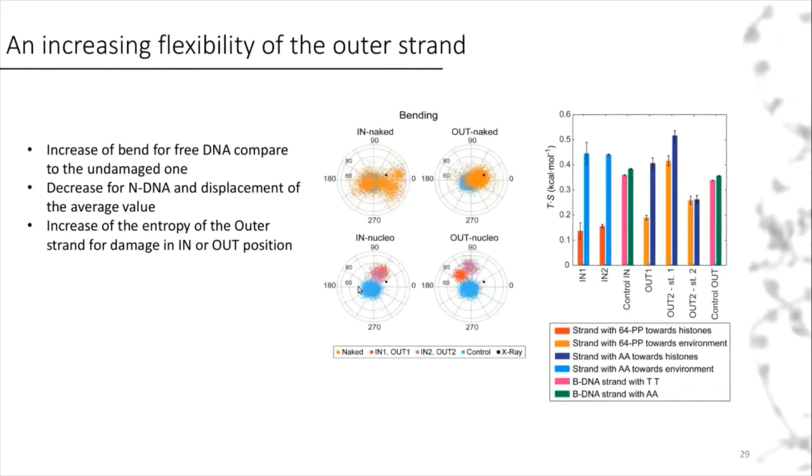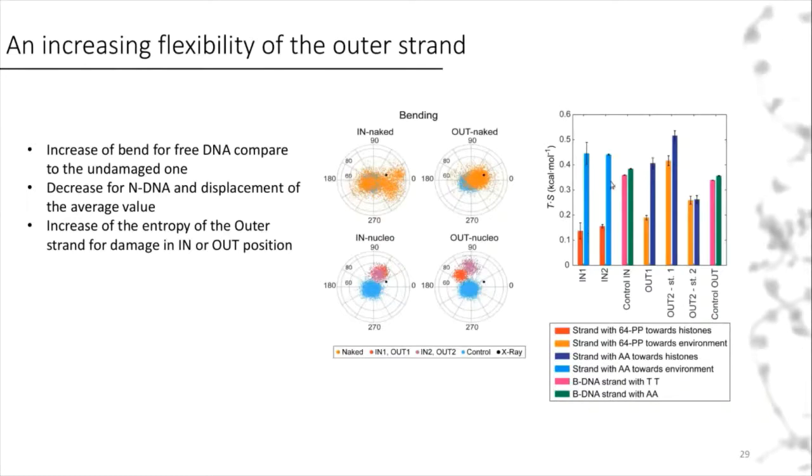And for entropy, which is quite interesting, our inner strand, so the one which has the damage for in, or the one which is undamaged for out, is less flexible compared to the free DNA, which is what we expected.